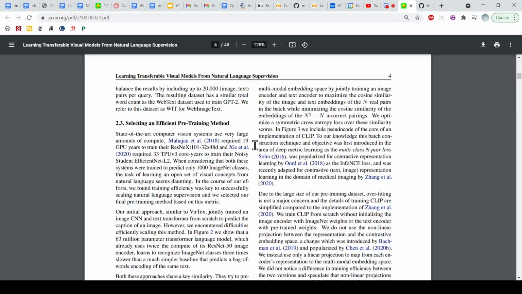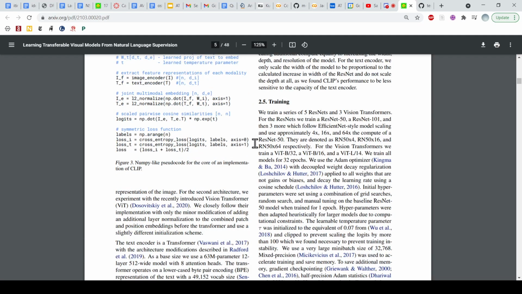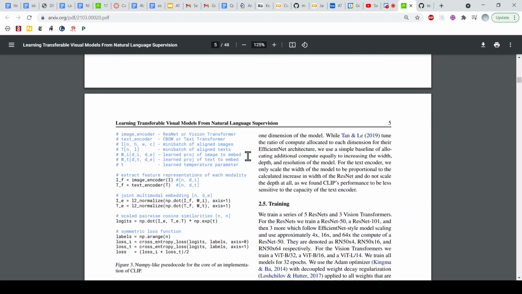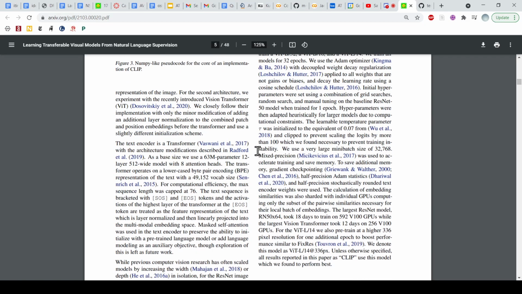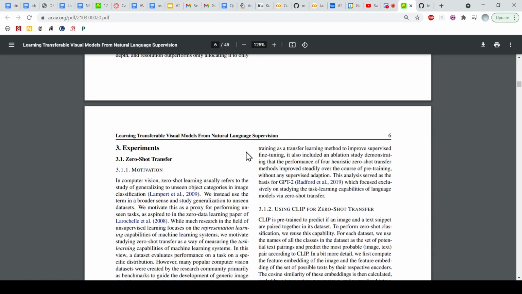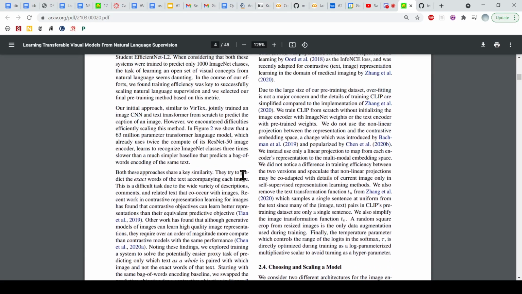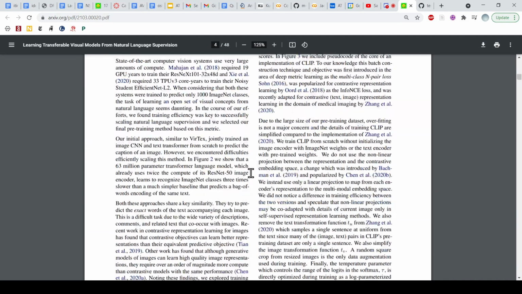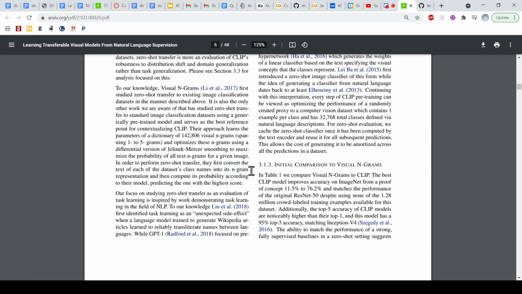Let's see. So I'm trying to think of other high points of the paper that are especially interesting. Because we've kind of gone over training, we've kind of gone over inference, and the models themselves that are used in Clip. What am I missing?